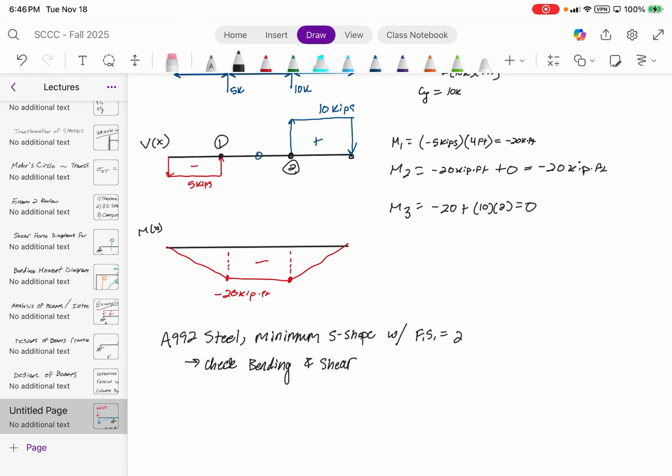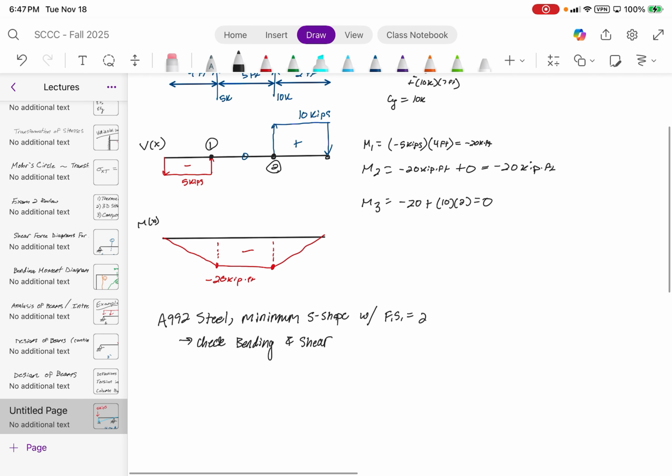All right. So, first of all, what is the entire point of drawing these diagrams? It is to get the internal forces, right? So what are M max and V max? What are our design forces? These are the forces we use for design. M max is going to be 20 kip-feet, and the maximum shear is 10 kips.